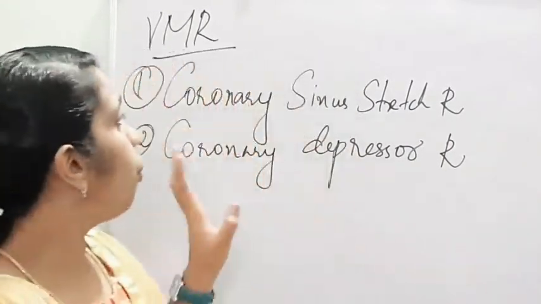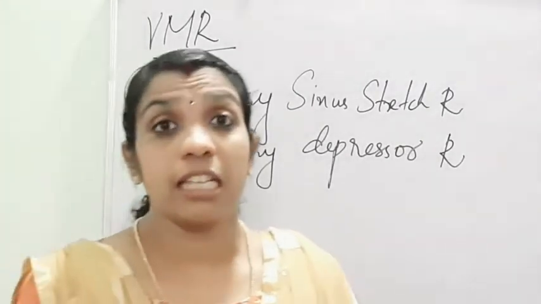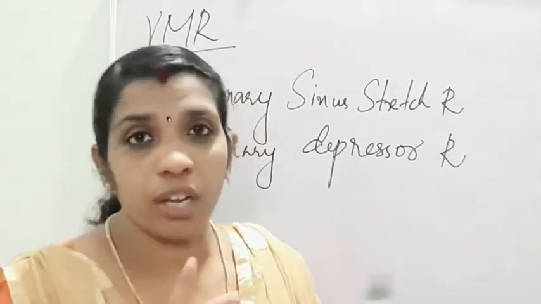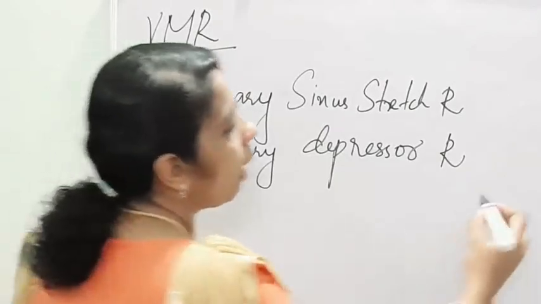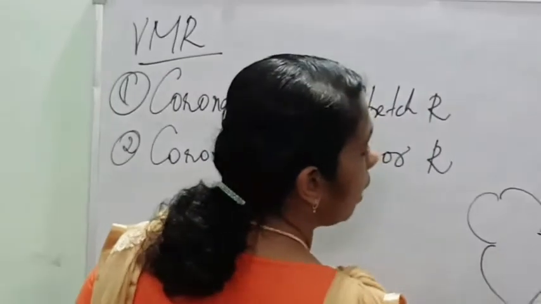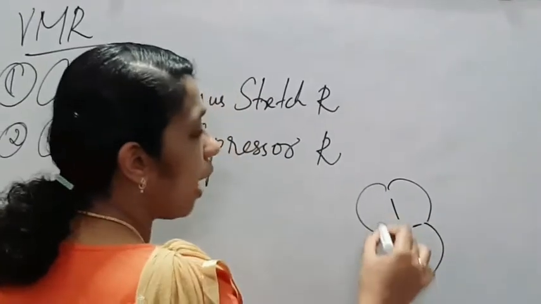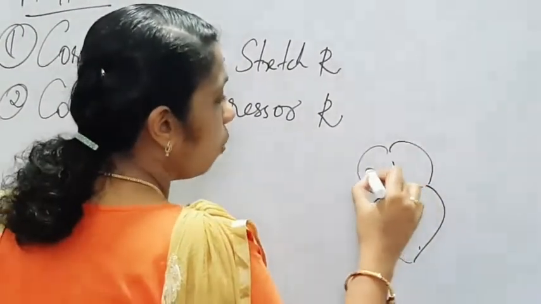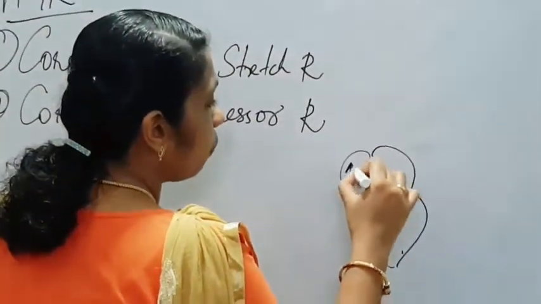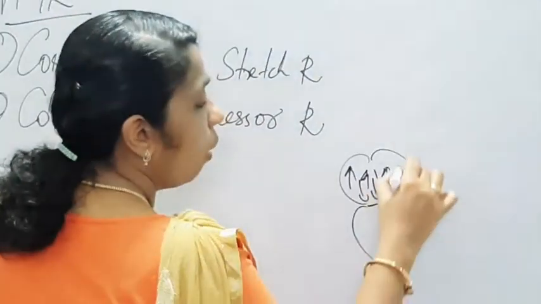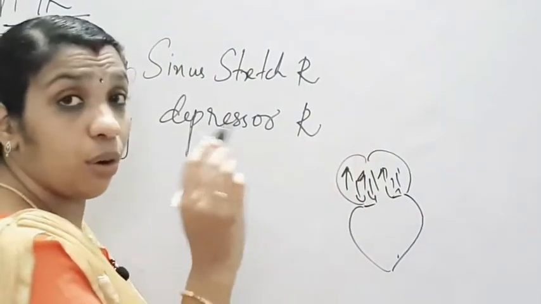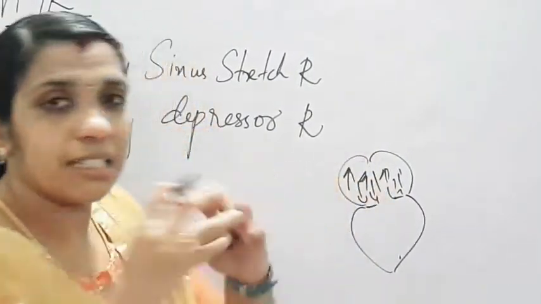When there is increased volume in the atria, this coronary sinus will get stretched.